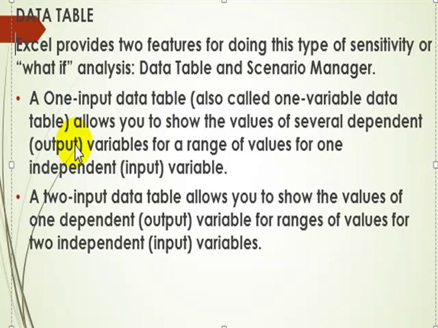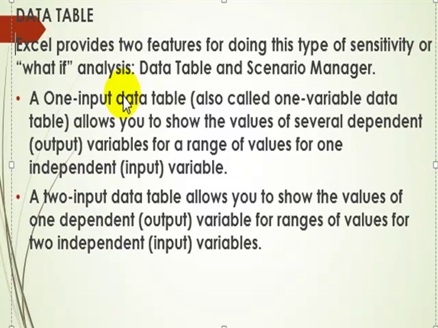We might decide to use a two input data table to see what will be the future value of 10,000 naira if the interest rate varies and if the number of years varies. That is what the two input data table will help us to perform if we want to carry out this type of analysis.